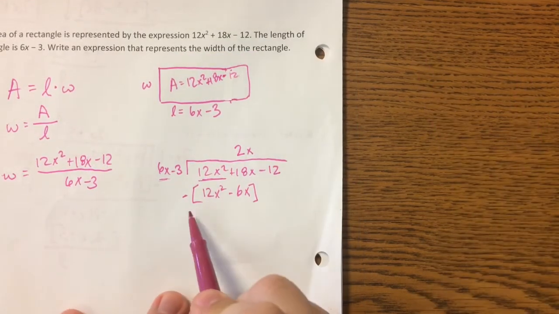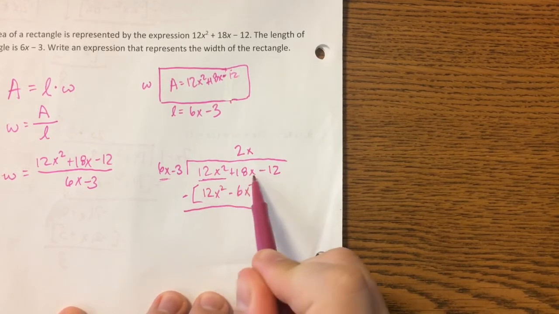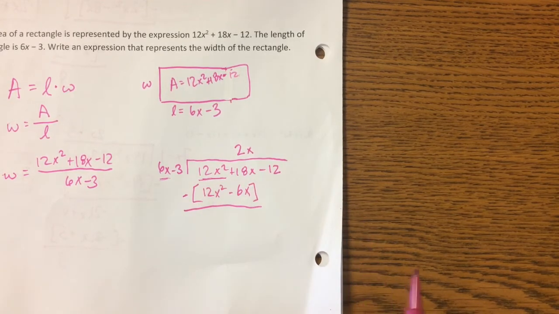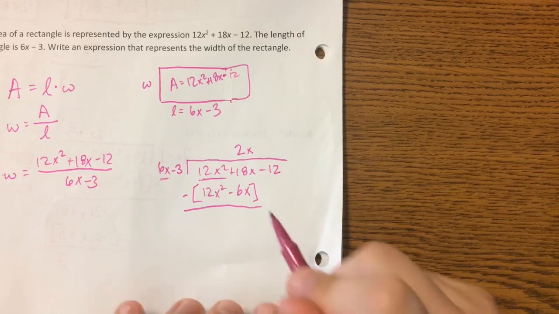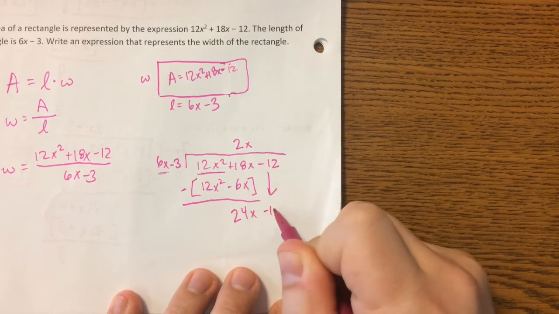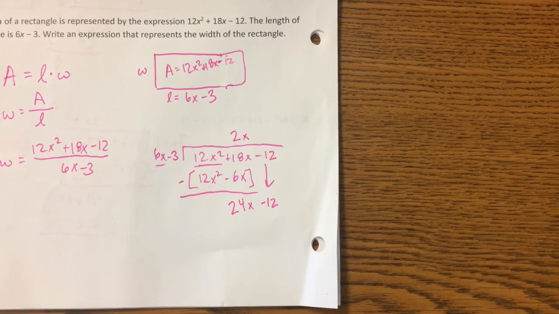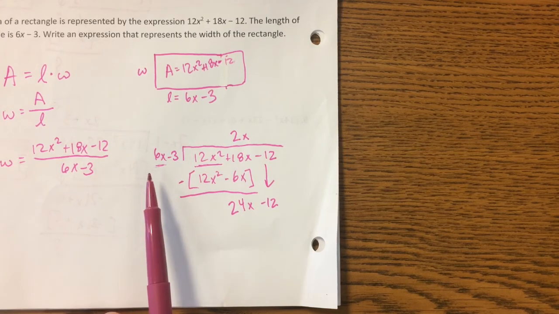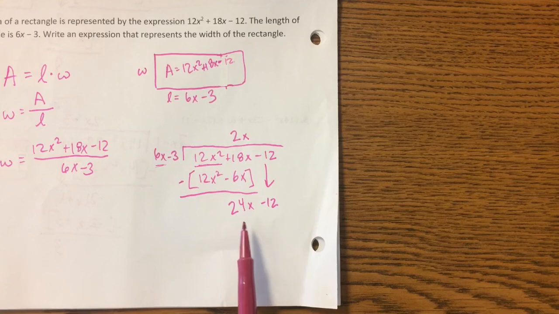So when I subtract, this becomes 0. What's 18x minus negative 6x? 24x. Okay, good. So 24x minus 12. All right, so what do I need to multiply 6x by to make it equal 24x? 4.